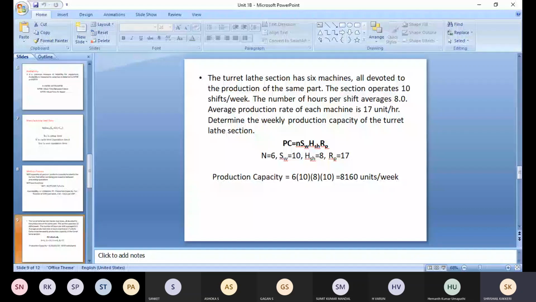The second one is combined operation. Wherever it is possible, combine the operations so that the number of workstations can be reduced. I gave a very simple example in the beginning. On a lathe, I wanted to do plane turning and threading. In one workstation, they do only the plane turning, then remove the part and put it on the next lathe to do the threading operation.